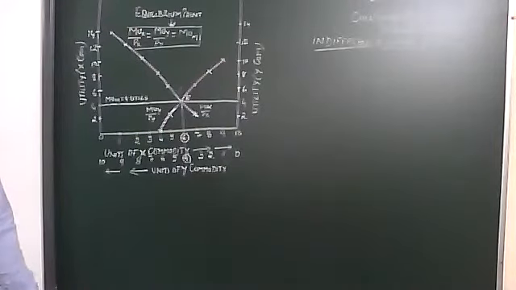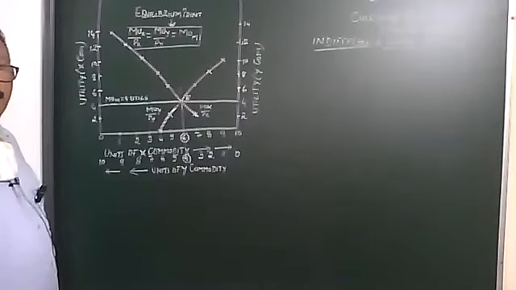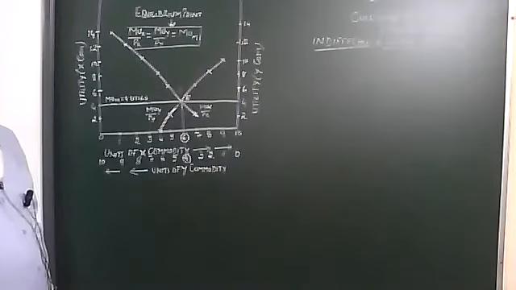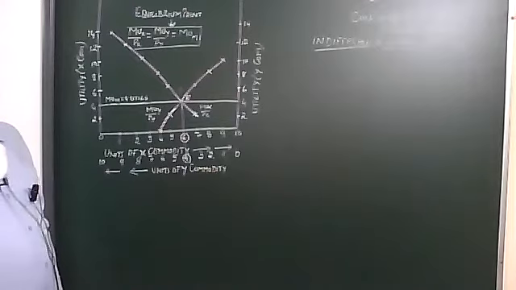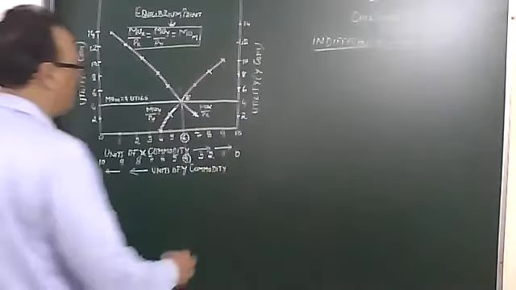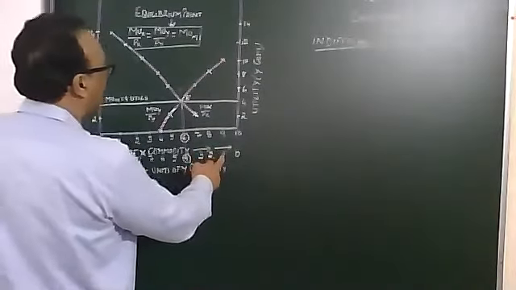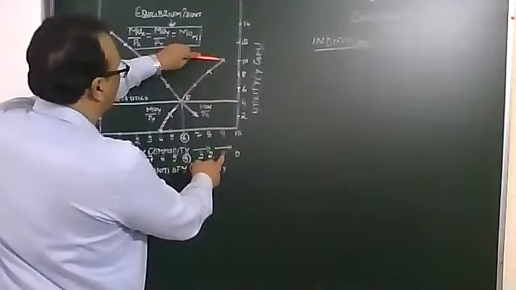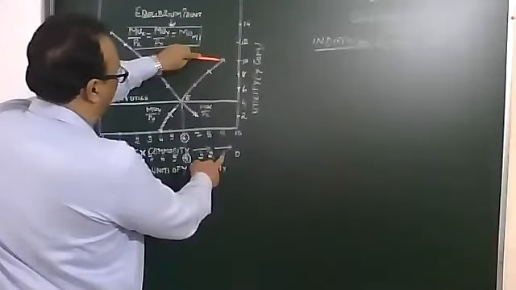Now similarly, we will plot for Y. So 1 unit of Y, MUY upon PY would be 10. So 1 is here, children, 10 is here. Join it, put a dot over them.